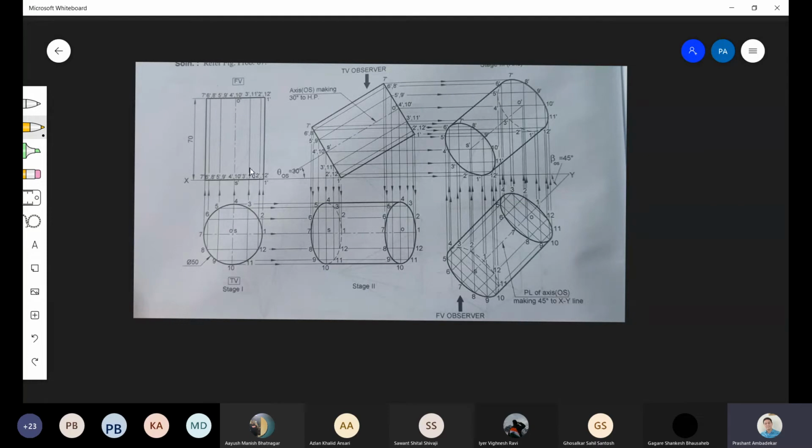We'll first see stage one. Can you see the arrows here between stage one, front view and top view? Yes, sir. Okay, so you have to show these arrows, even in projection of lines, projection of planes, everywhere.